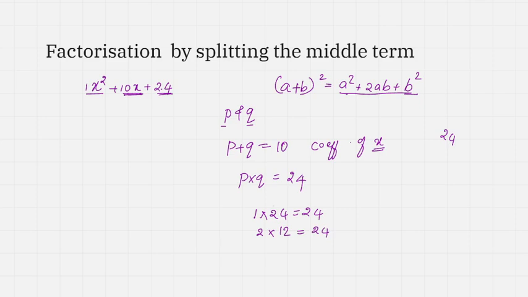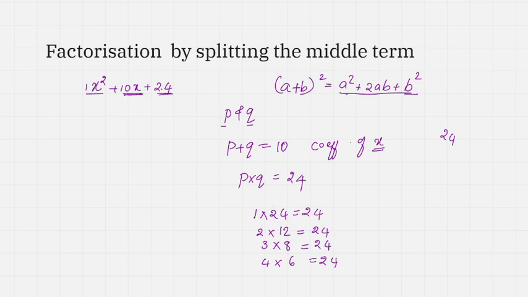Then 3 into 8 is equal to 24. Now 4 into 6 is equal to 24. So we have written all the combinations of products which give 24.